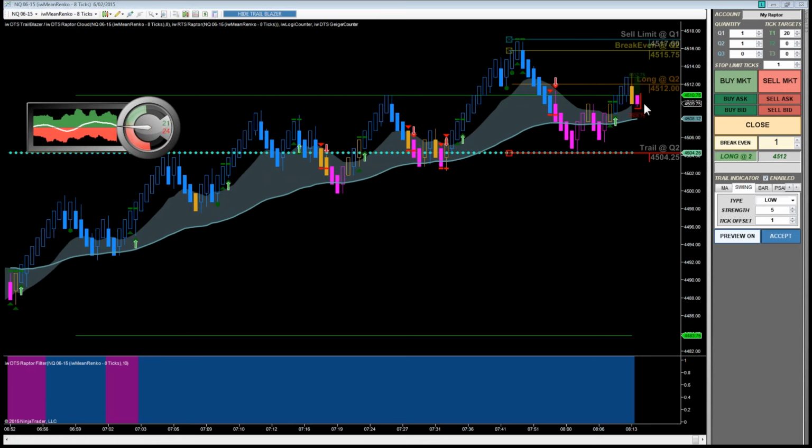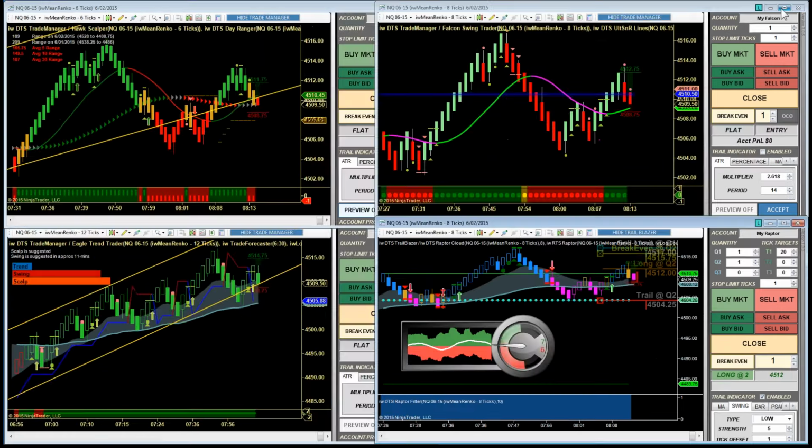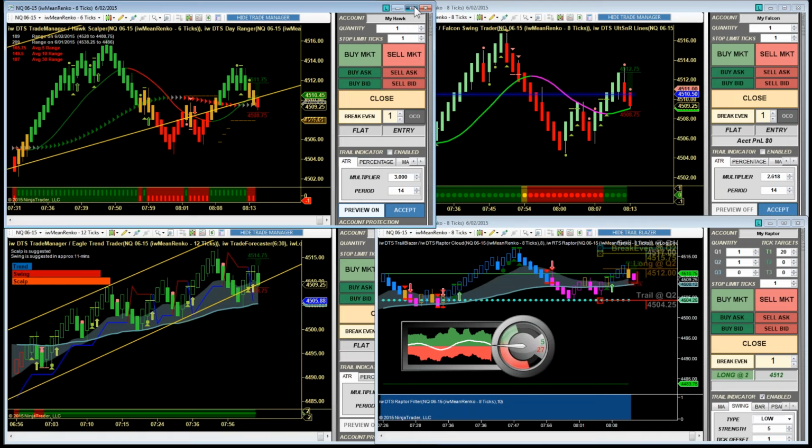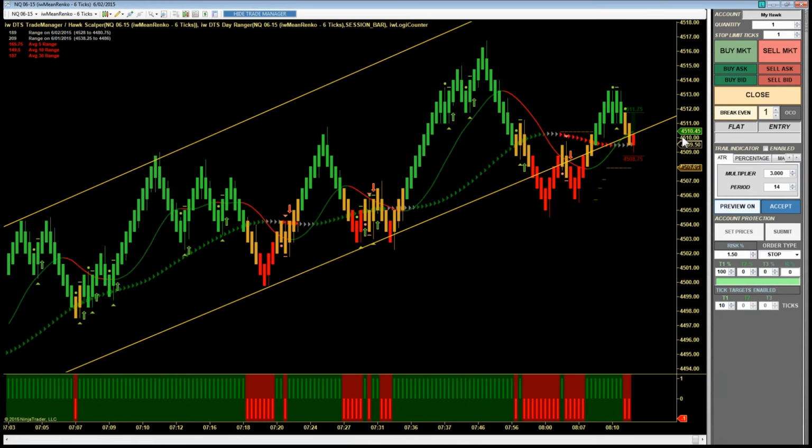Okay, come on, buyers, don't give it up just yet. Oh yeah, a lot of yellow bars coming in here. Well, you know, it was a bit of a crapshoot type trade.